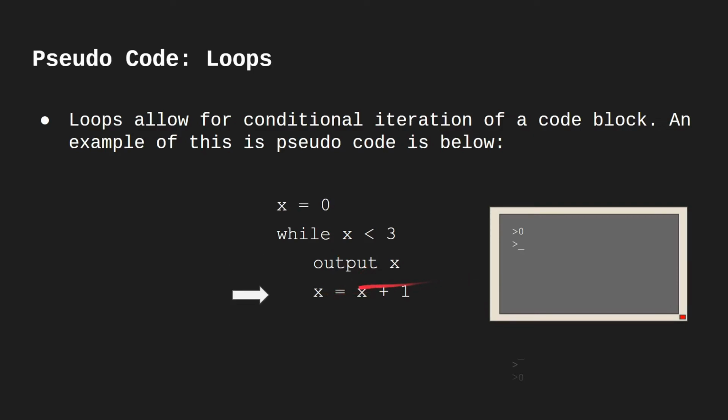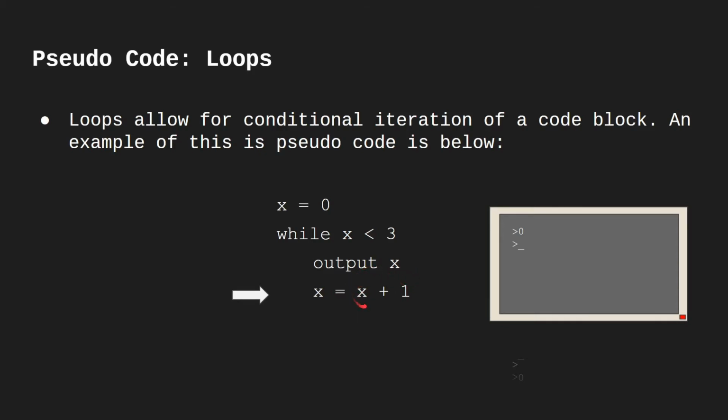Now this statement's a little tricky. Just like we were assigning the value of 0 up here, we have the ability to assign x a new value. So this is called reassignment. We're going to reassign the value x to itself plus an additional 1.